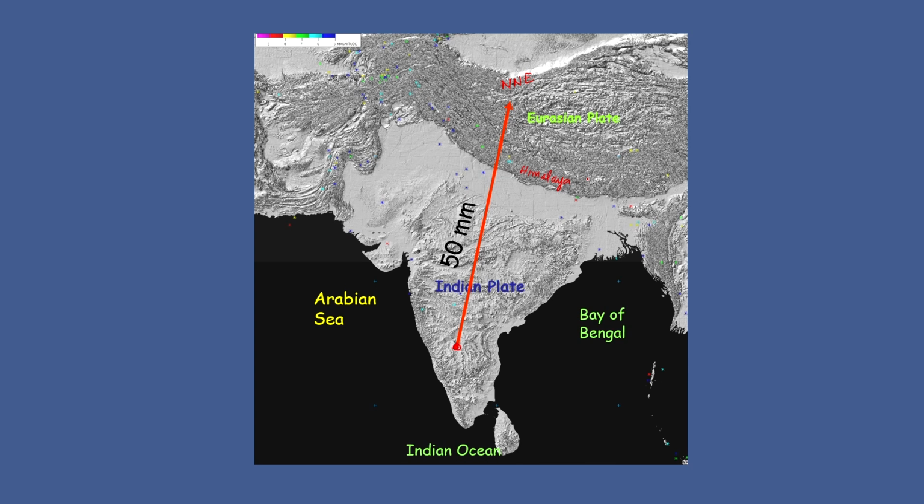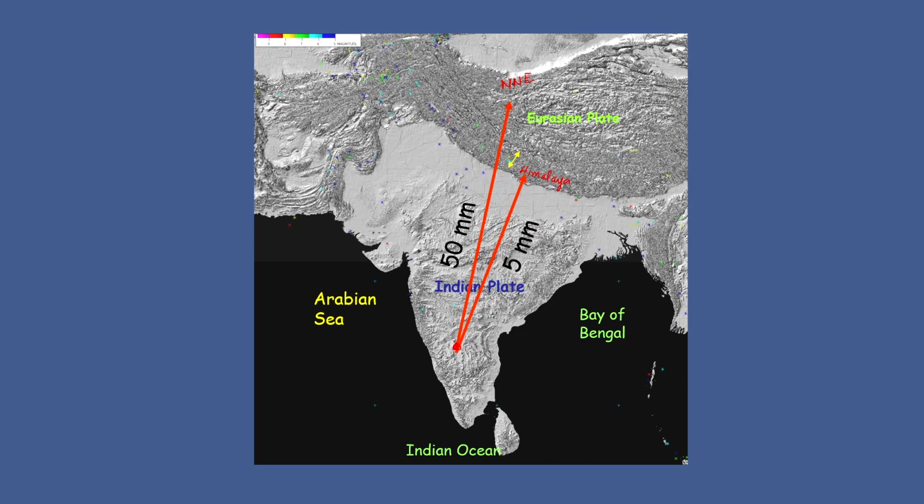Now, how does it move from this 45 to 50 millimeter per year till the boundary of the Himalayan foothills? It has been observed that around 5 millimeter is consumed.